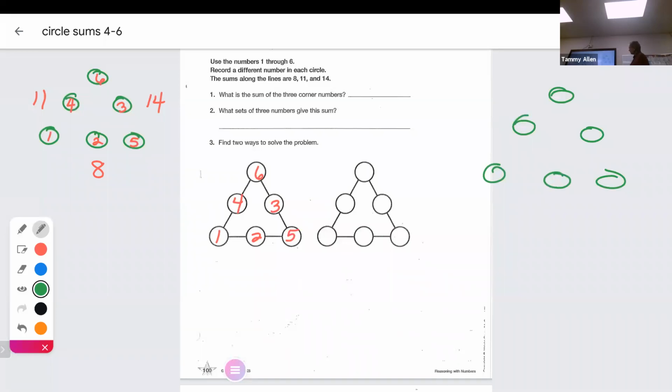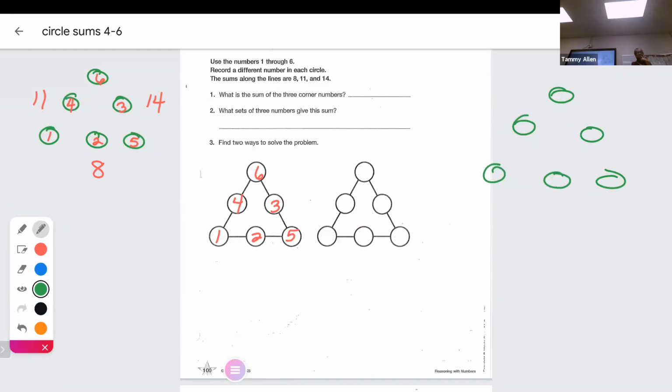No, we can only use the digits 1 through 6. So is there a different combination of numbers we can use to get 14 using 1 through 6? No, we're looking for 14. Is there any other combination of 3 digits we can use to get 14?